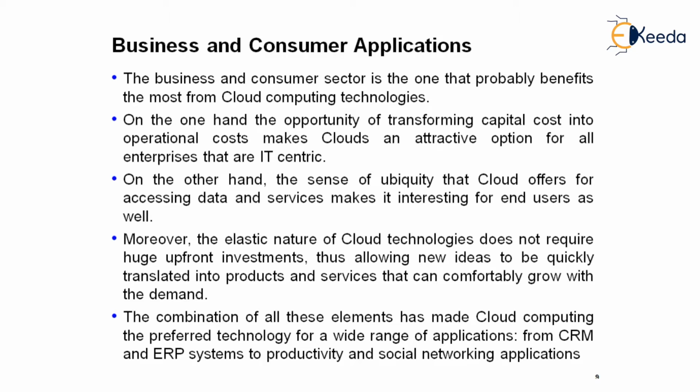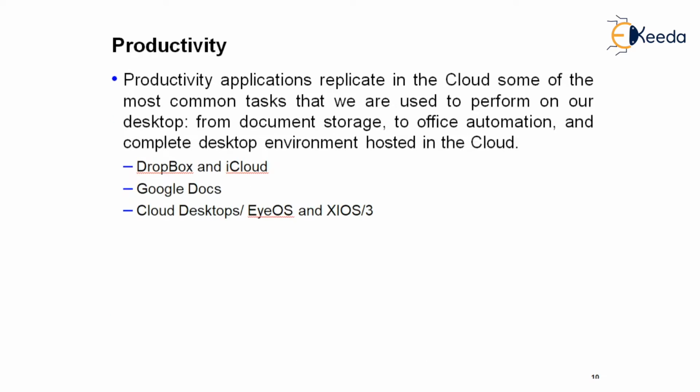With this, as productivity comes up, productivity applications replicate in the cloud some of the most common tasks that we are used to performing on our desktop, from document storage to office automation and a complete desktop environment hosted in the cloud.